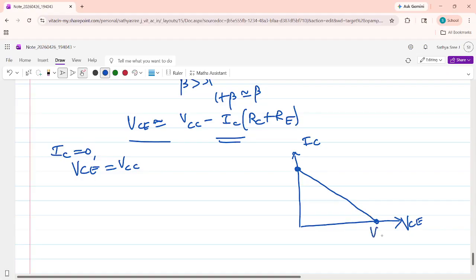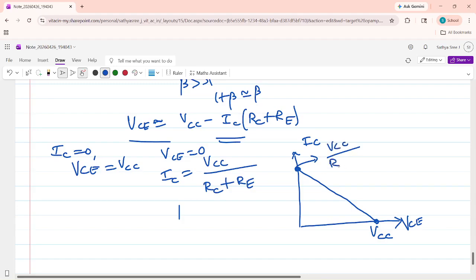This point is VCC. To calculate this point, we have to make VCE 0. IC equal to VCC divided by RC plus RE. So this point is VCC divided by RC plus RE.